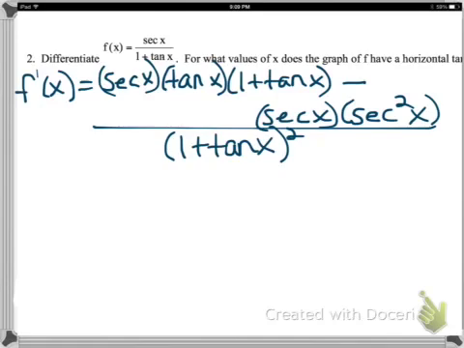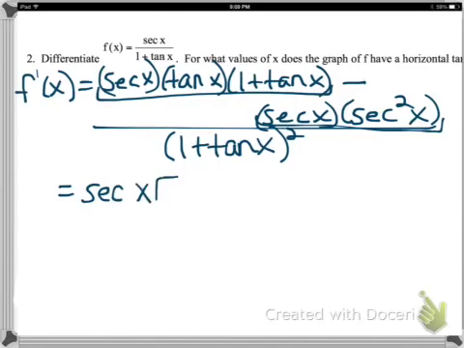Okay, now I'm looking at the numerator, and I'm going to try to simplify, see what I can take out. If you look at this, I can take out a secant from the two terms. This is my first term, this is my second term, guys. So if I take a secant x out, I'd be left with what?